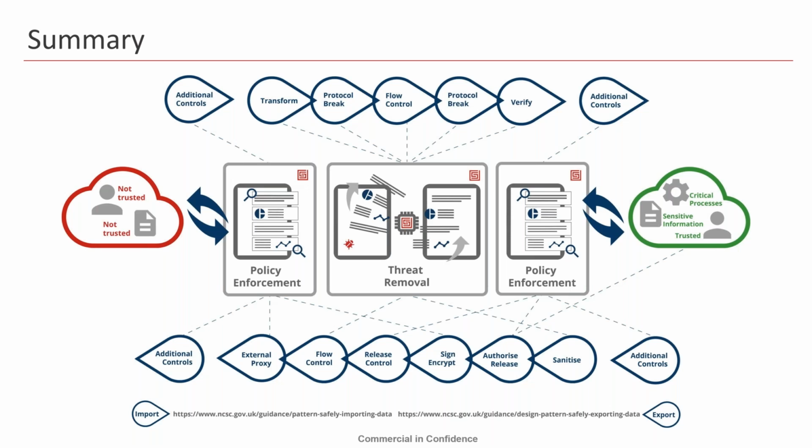And the key point here really is that with Deep Secure's commercial off-the-shelf COTS technologies, policy enforcement, threat removal, what they enable you to do is implement the kinds of controls recommended in the NCSC patents for secure cross-domain solutions that effectively are built to protect against the threat and that can be independently verified as being able to do so.